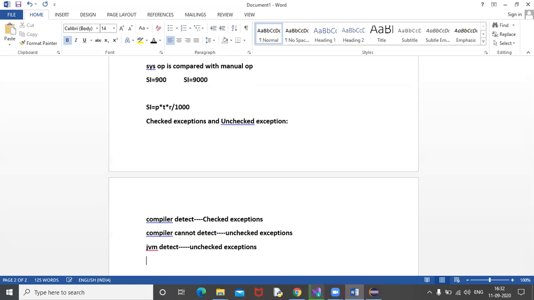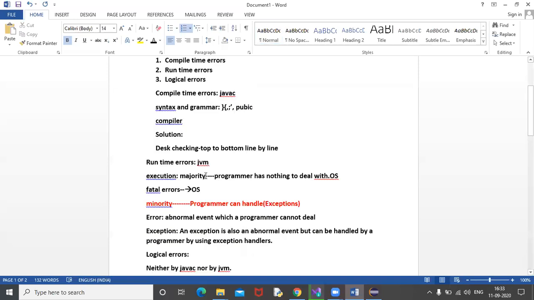Majority, I can give some percentage, like 90% of errors, there is nothing for a programmer to deal with. It is only the 10% that is our concept.